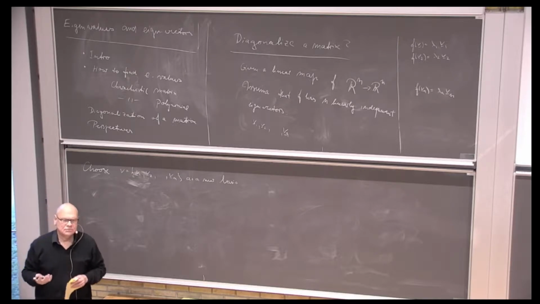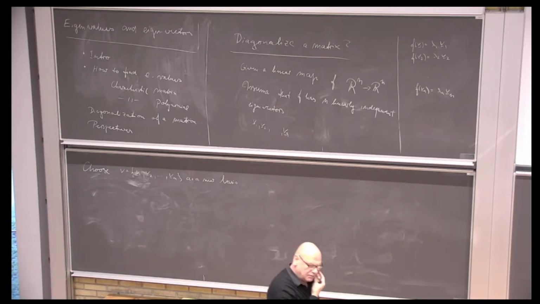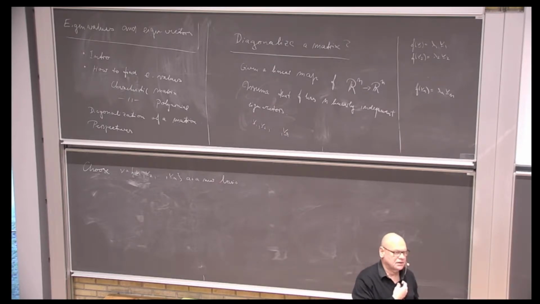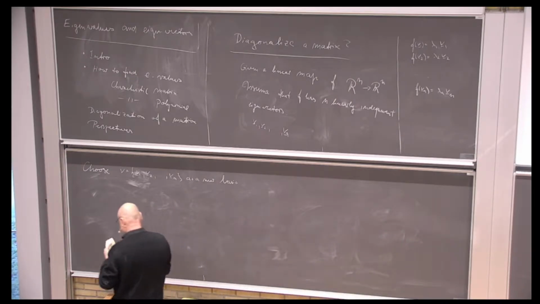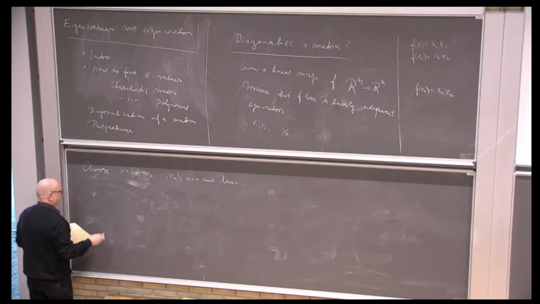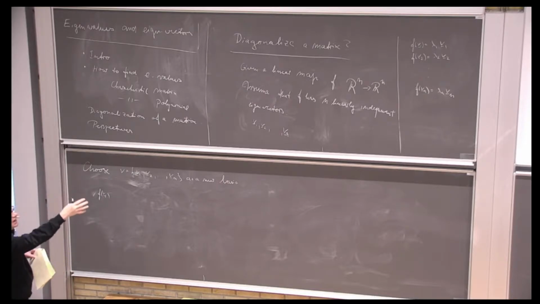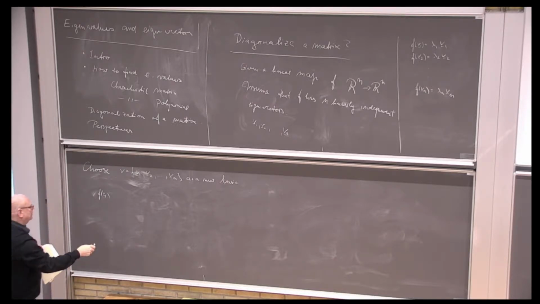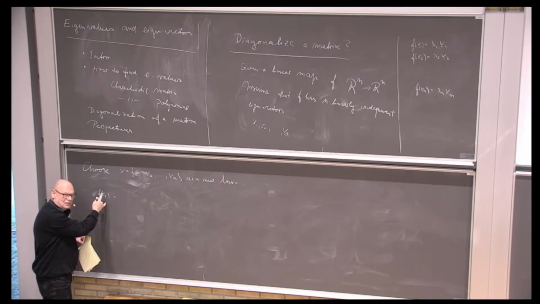This is possible because you know that n linearly independent eigenvectors span Rn. Let me write the equations I have put up here, where I take the images of the basis vectors.